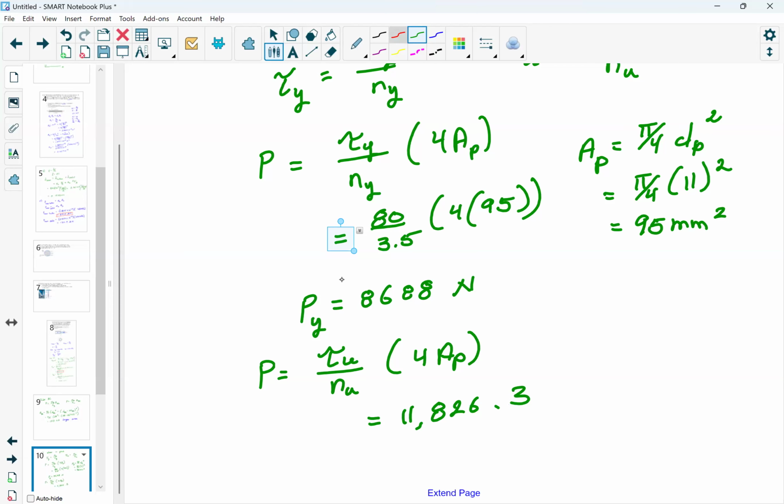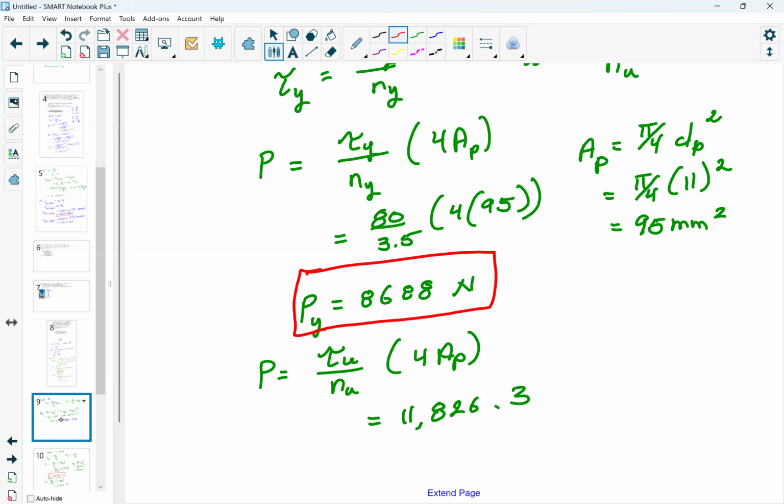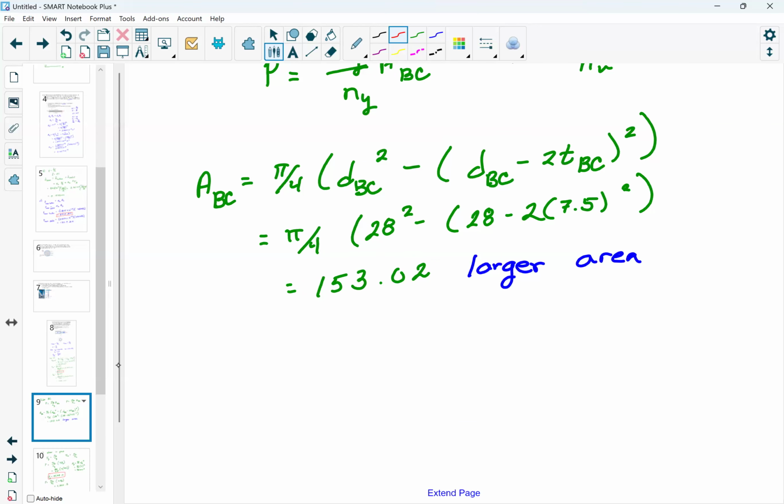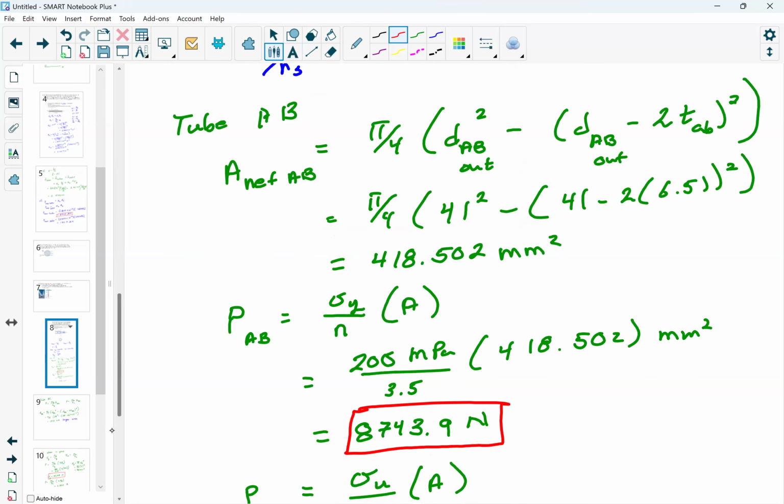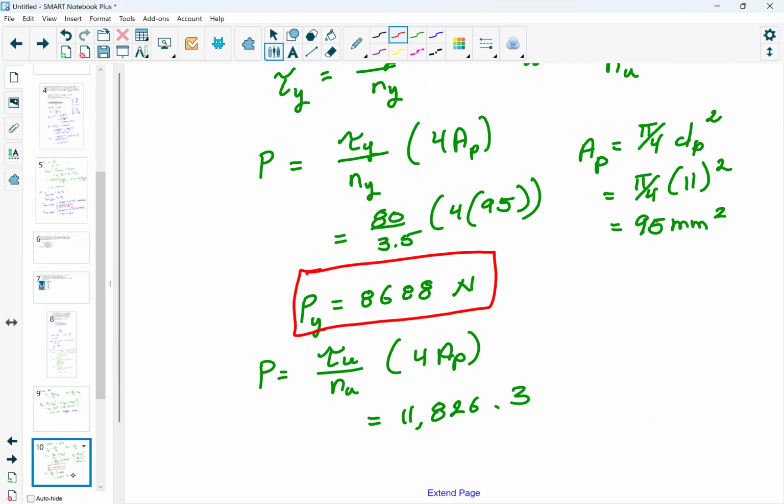So this is the smaller one. Okay, this is also smaller, I believe. That's back here. Yeah, that was 87. This one ends up being 86.